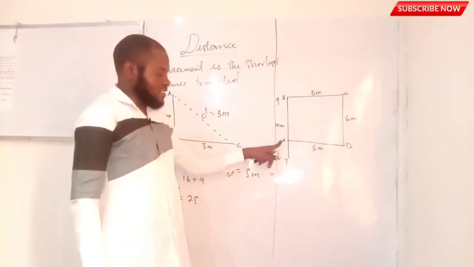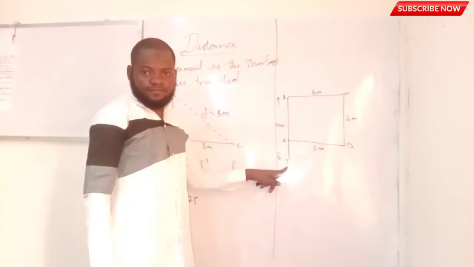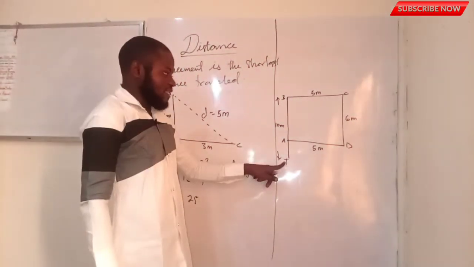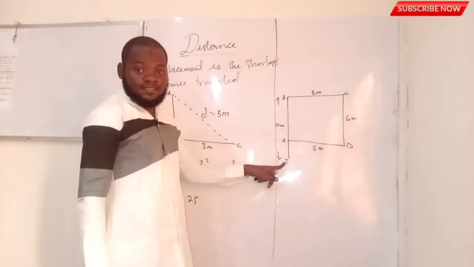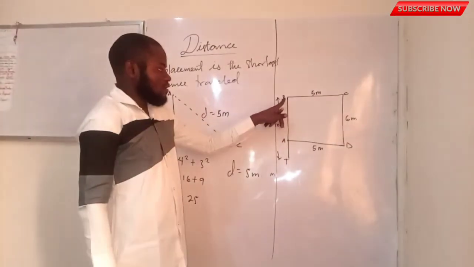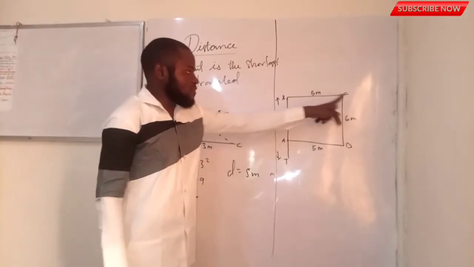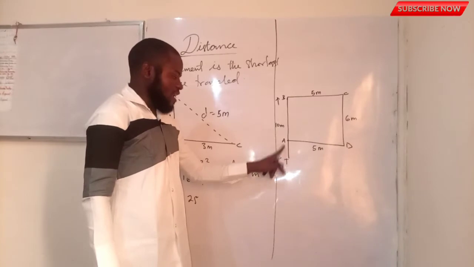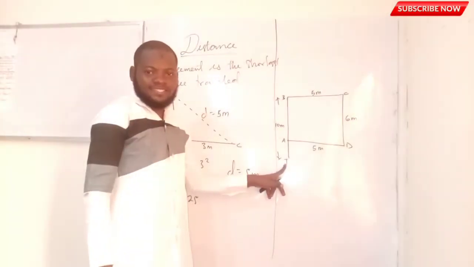Then to this point here. Before now coming down to T. Are we together now? You know, this will definitely be the distance. That is, the total distance covered from B to T is B to C, C to D, D to A, then from A down to T. That is the distance.